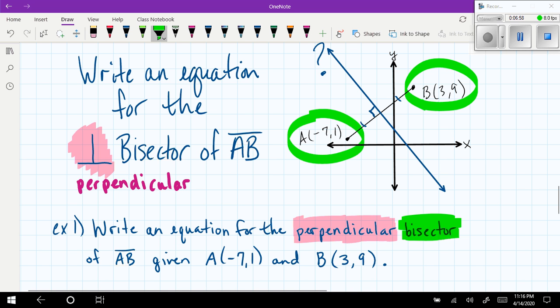So I can't use either of those two points in the equation for the perpendicular bisector. I actually need to find a point that lies on the perpendicular bisector. So I'm going to find this point right here, which is the midpoint of segment AB.